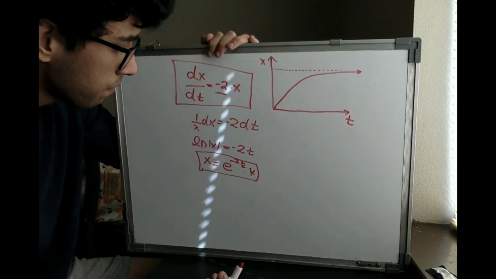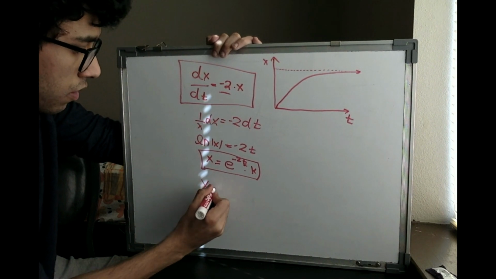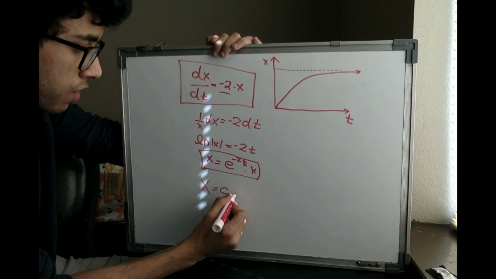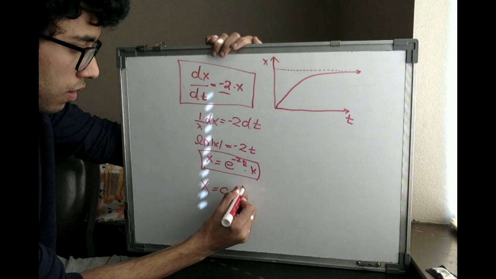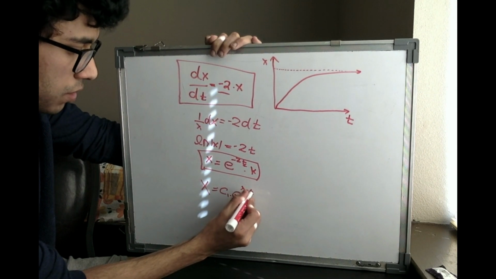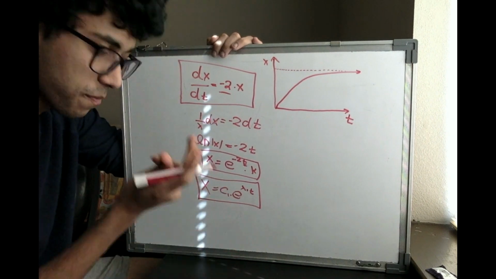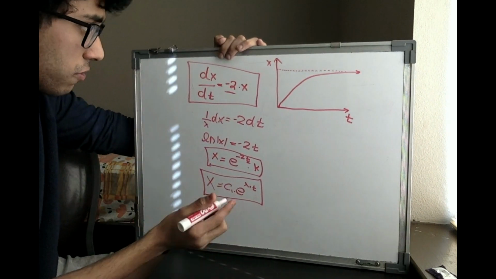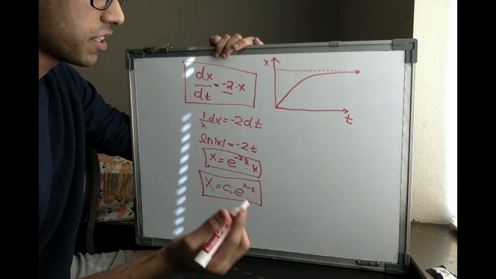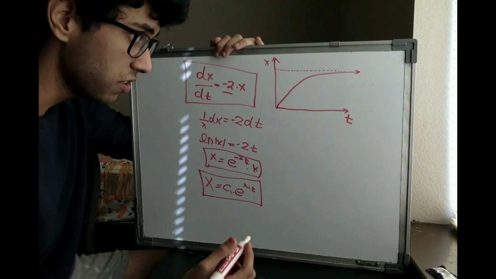A more general form is that x will be equal to c1 times e to the power lambda 1 times t, where lambda 1 is the eigenvalue. And since this is a first order equation, you can also relate this to the capacitor equation if you have studied circuits.